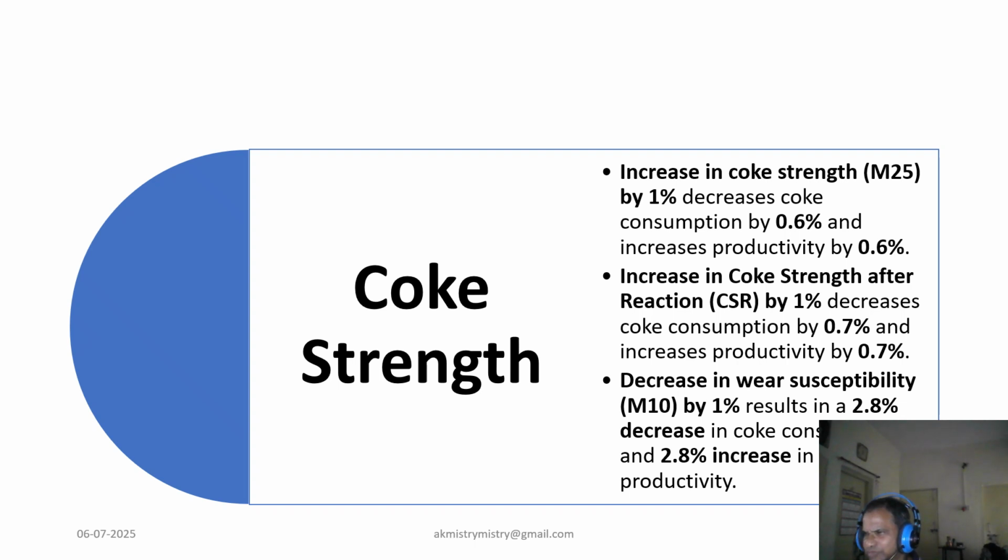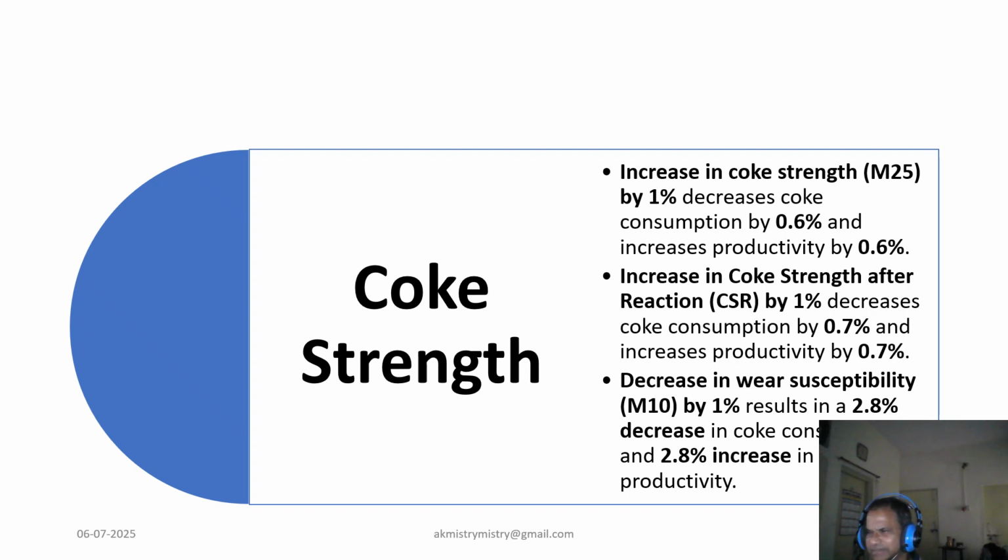So increasing the micum 25 coke strength index by 1% reduces coke consumption by 0.6% and boosts productivity by 0.6%. And further we can say that there is a relation of strength versus CSR, where a 1% increase in CSR yields a 0.7% improvement in both metrics.